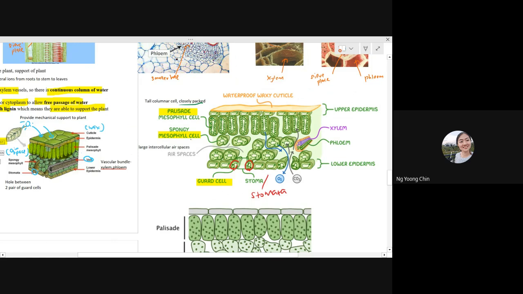So how about the spongy mesophyll cell? There's a lot of air space. The spongy mesophyll cells are very loosely arranged with large intercellular air spaces among the cells. So this is a term you can use to describe them: loosely arranged.